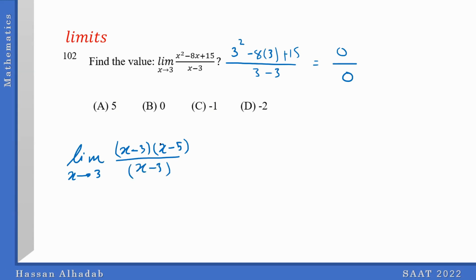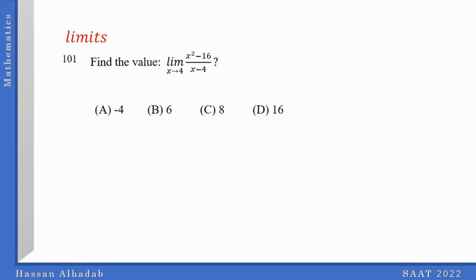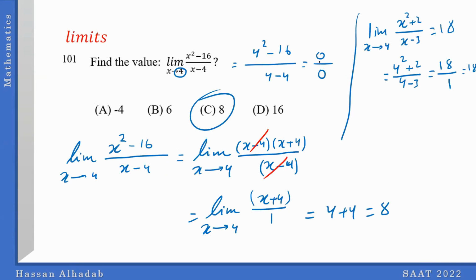And also, let me just tell you something. Whenever you get 0/0, keep this in mind: you're going to have a problem factor. The problem here is X minus 3, so I know one of the factors of the numerator is X minus 3. As you can see, we found X minus 3 because this is the problem, this is the 0. So before you factor, you keep in mind what the problem is, then you find it in the other side.